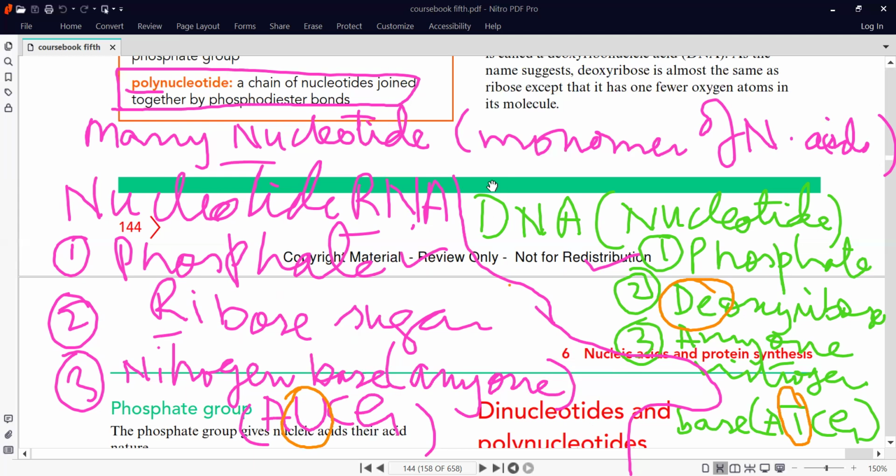So in DNA, A is complementary and makes a pair with T. In RNA, A makes a pair with U. I will erase this information. Note it down, please. Giving you 30 seconds.